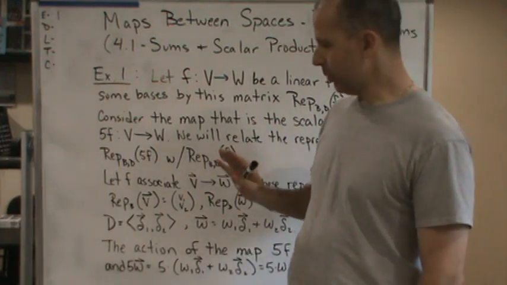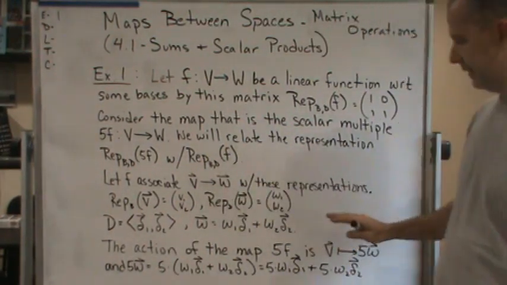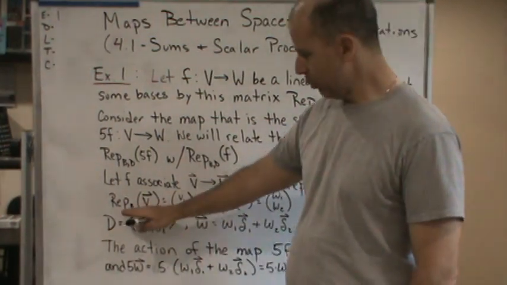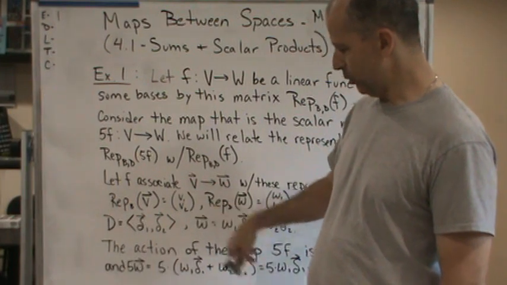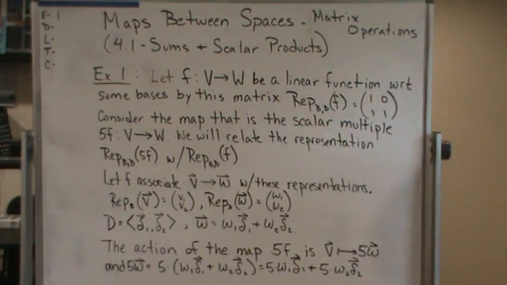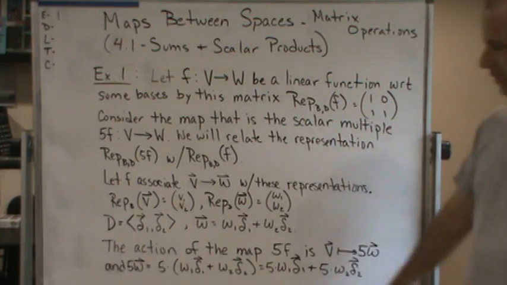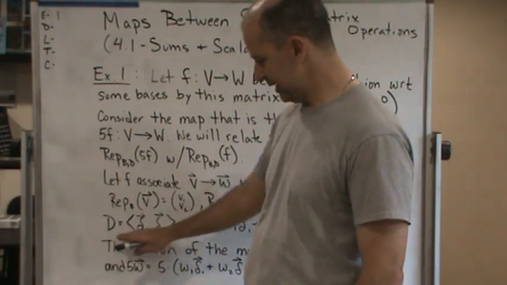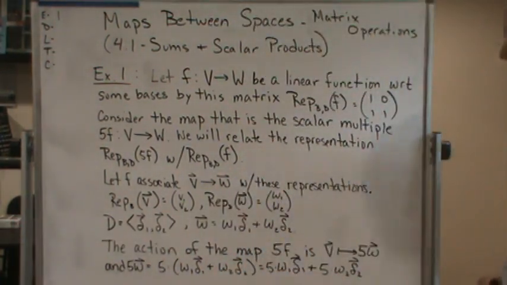Now let f associate V to W with these representations. Here's the representation with respect to B: it's going to be this vector, v1, v2. And the representation with respect to the basis D is going to be w1, w2. Let D be this basis here, which we'll fix as delta 1, delta 2.